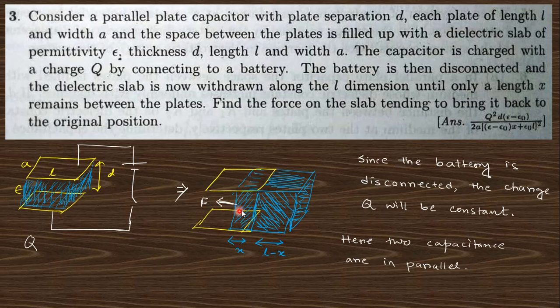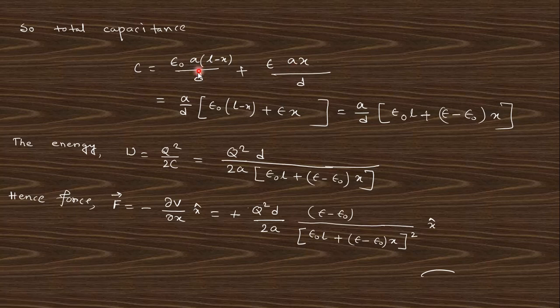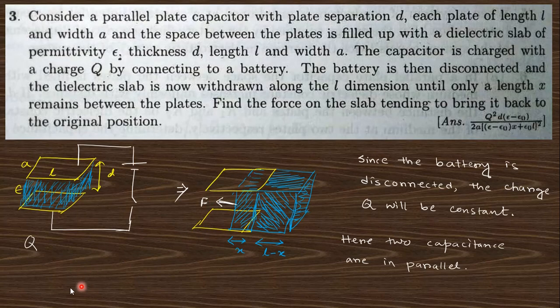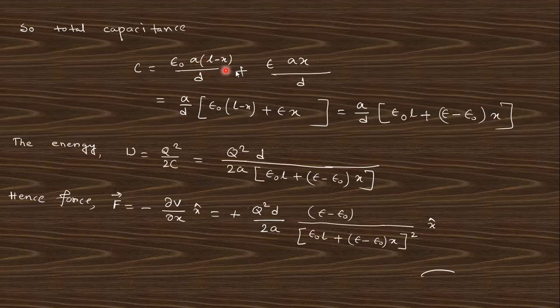So what will be the force acting on this slab, to pull this slab back within the capacitor plates? Here we form a new capacitor with two portions, one having the dielectric and the other one air. These two are parallel, so the equivalent capacitance will be the sum of the two portions. One is air, that is L minus x in air, and the other has the dielectric constant epsilon, right?